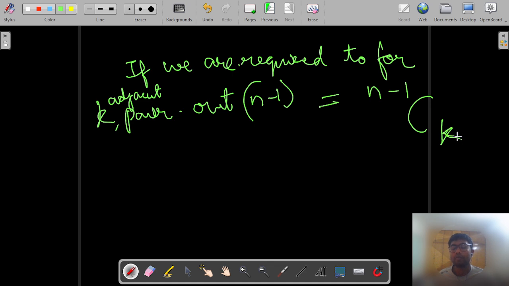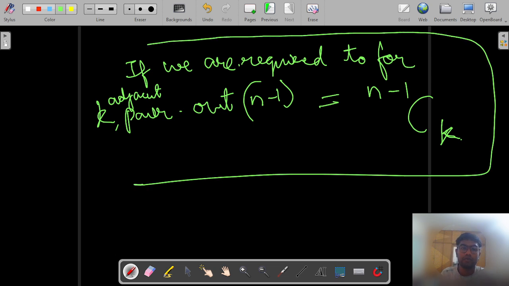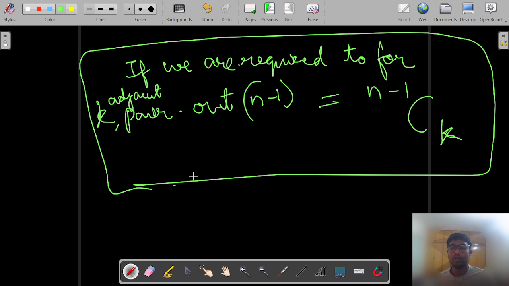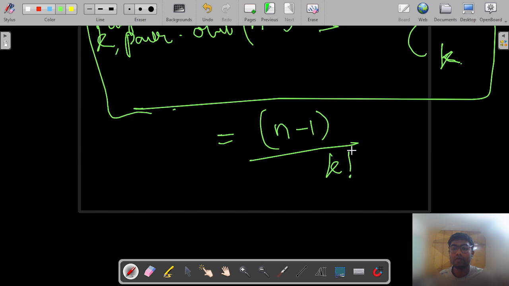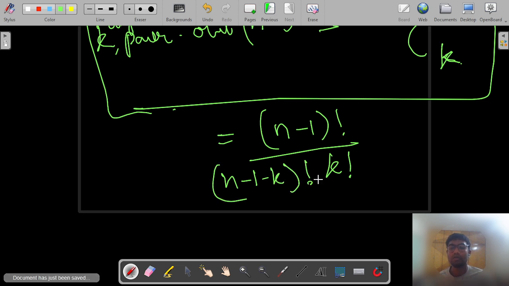So this would be our formula. It is a combination, which is equal to (n minus 1) factorial divided by k factorial times (n minus 1 minus k) factorial.